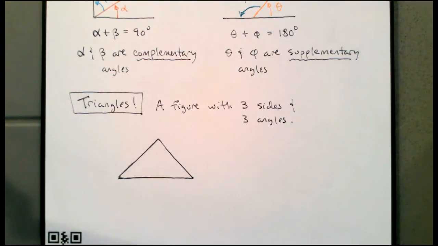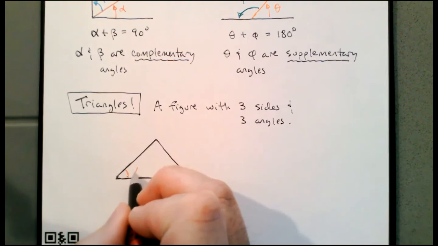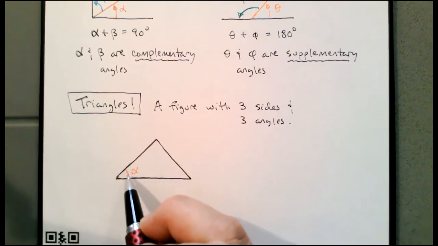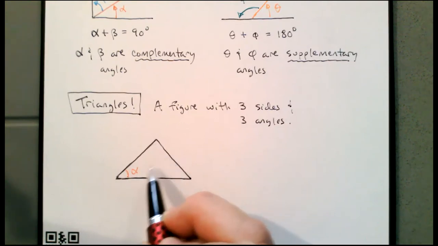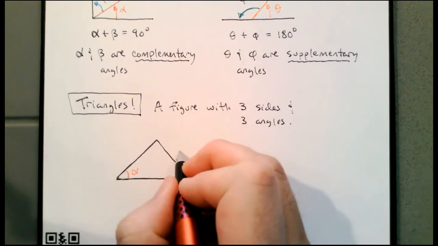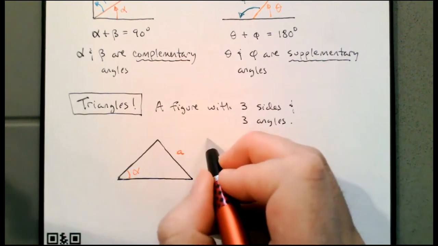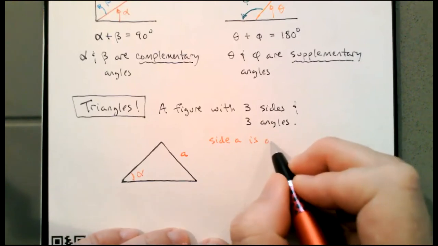So to help us keep things in order, we're going to use the following naming convention. If this angle down here is angle alpha, then if I stand at angle alpha, I'm touching the 2 sides of alpha, and I can see across from alpha what we'll call the side opposite angle alpha. So if this is side A, I can say that side A is opposite angle alpha.